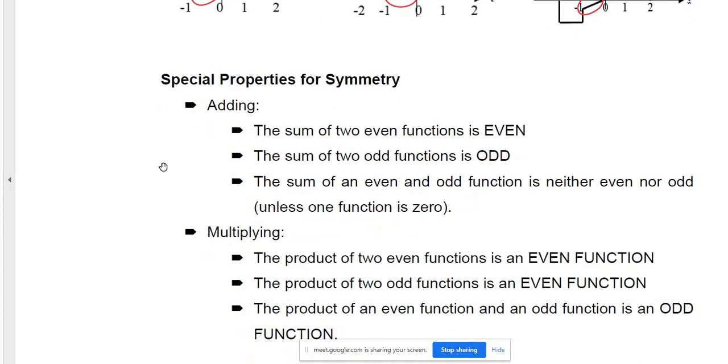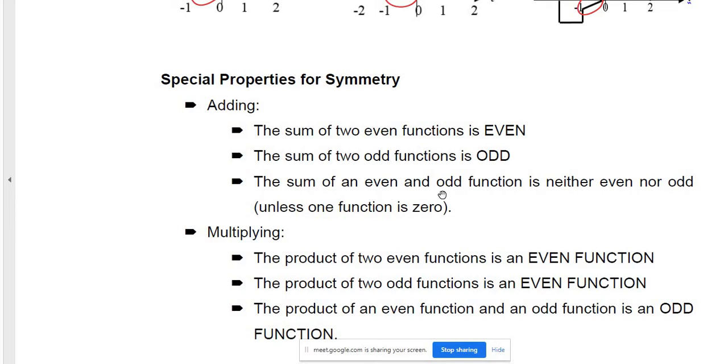Okay, next is the special property of symmetry. You have adding or multiplying. Adding is a sum, and multiplying is a product. For the sum of two functions: even plus even, you get even. Odd plus odd, you get odd.